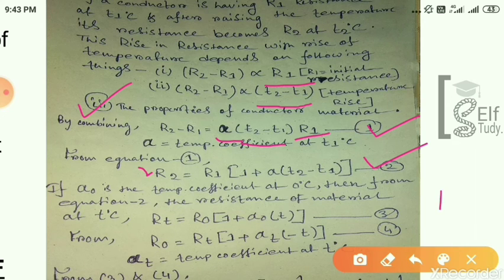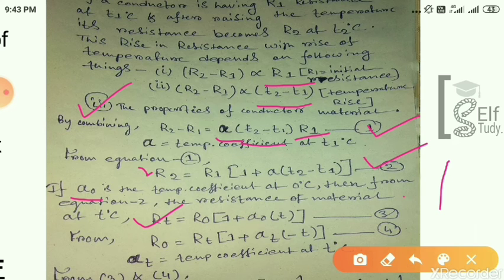If alpha 0 is the temperature coefficient at 0 degree centigrade, then from equation number 2, the resistance of the material at T degree centigrade will be RT equal to R0 into (1 plus alpha 0 into T).